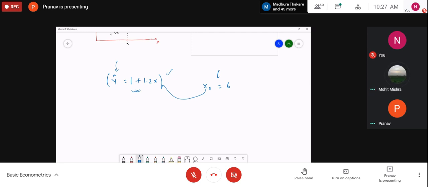I want to predict the y value for this given level of x, which is given as 600, data in hundreds of rupees. That's why I'm writing it here. Okay? Yes, sir. So when I put this 6 in the sample regression function, I'll get y hat as 1 plus 1.2 times 6.